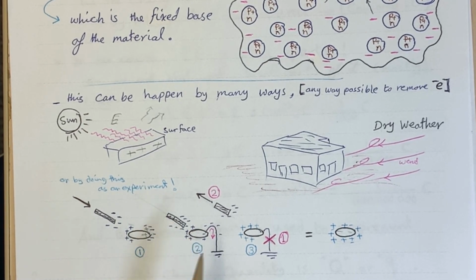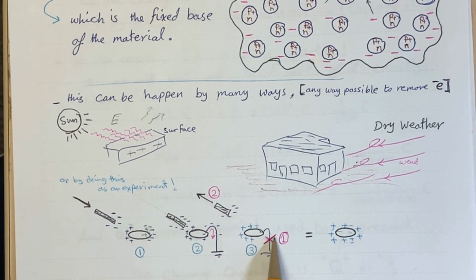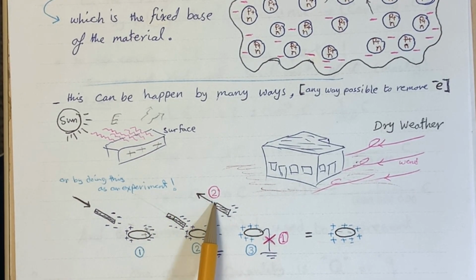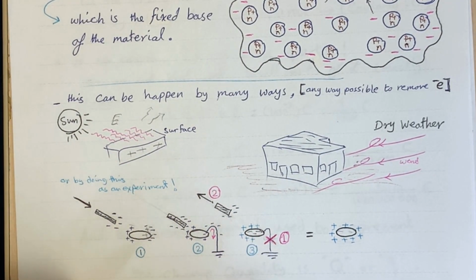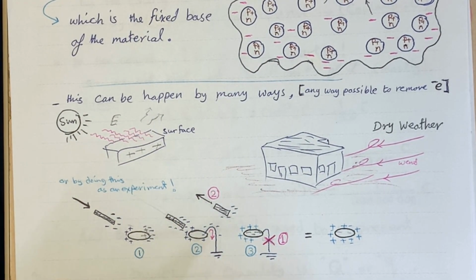But what we need to do is cut the grounding first, then remove the negatively charged rod. In this case, we have more positive charge on the second object with less negative charge on it. Leave it positively charged means that we have positive charge more than the negative ones.